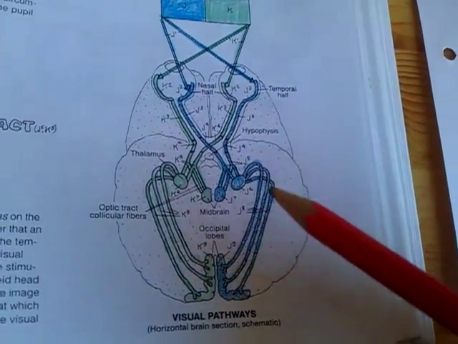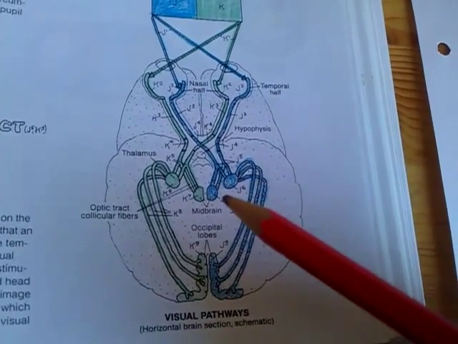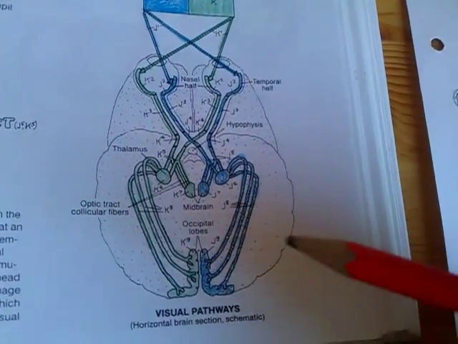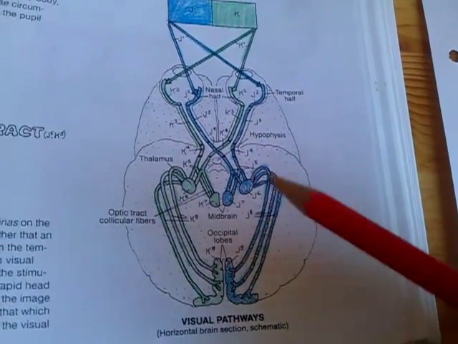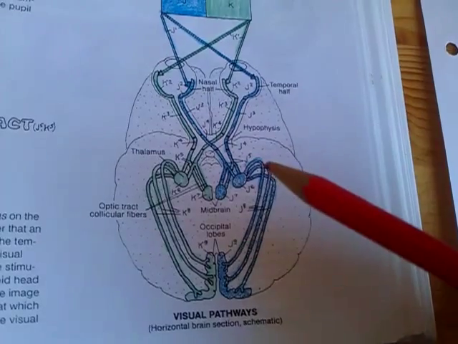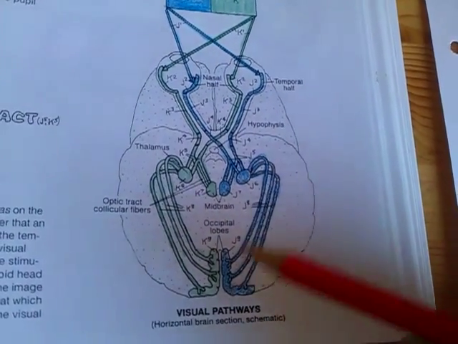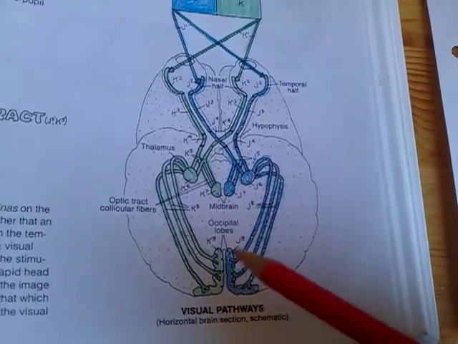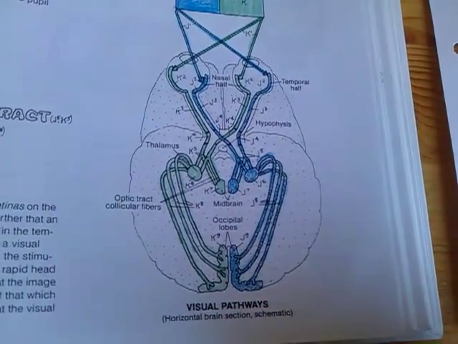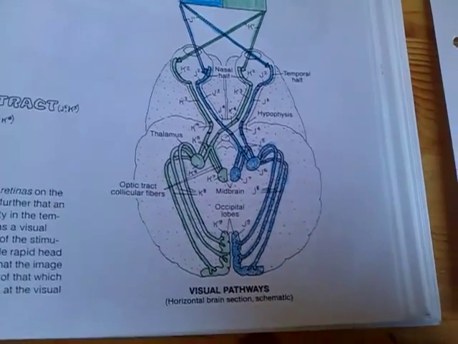Gray matter, the lateral geniculate body is the lower center of vision, or subcortical center of vision. And the final part of the visual pathway is the optic radiation, which terminates in the occipital lobe around the calcarine sulcus, which is the higher center of vision, the visual cortical area.